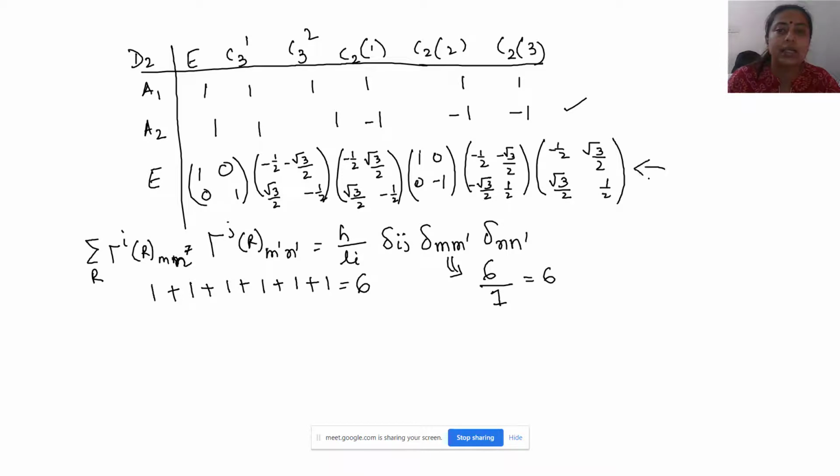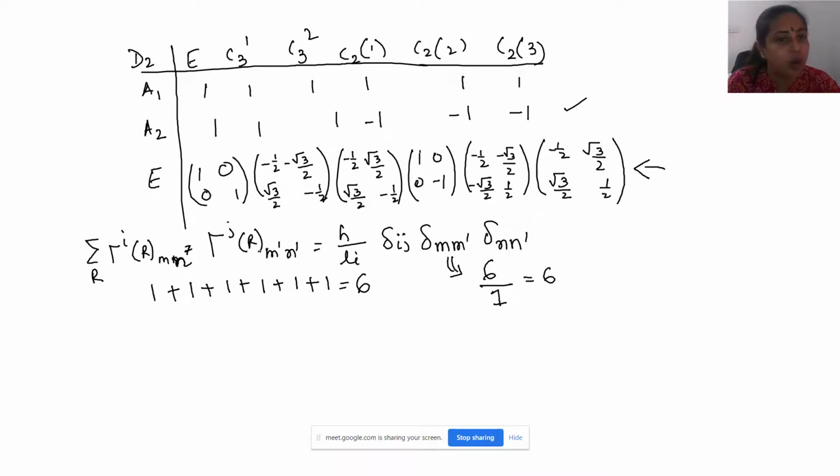Now let us consider the E matrix element, that is a two-dimensional irreducible representation. Here comes the concept of m prime and n prime. Now let me consider that I am taking i equal to j, that is, I am taking the irreducible representation E only. Here I am multiplying the first matrix element, that is the 1,1 element, with the 1,1 element.